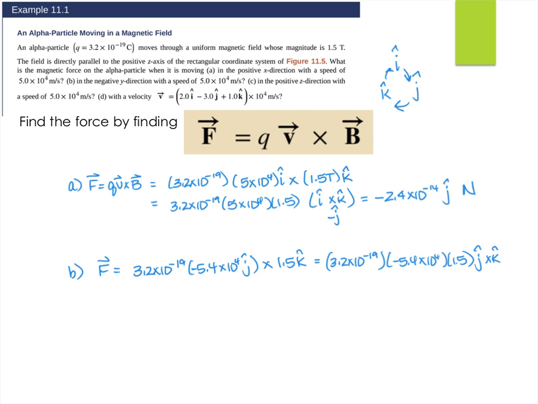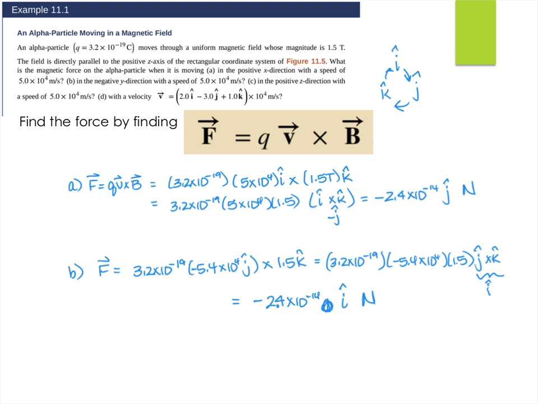And so I got all those numbers multiplied together. The cross product I'm doing is j cross k, which I can go around clockwise, and I got i. So the force here is actually going to be the same magnitude. Oops, sorry. It's in the i direction. And that was in newtons as well.